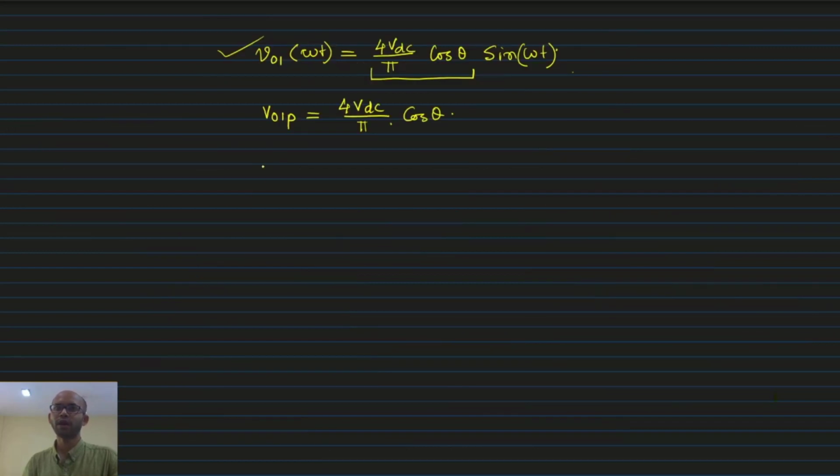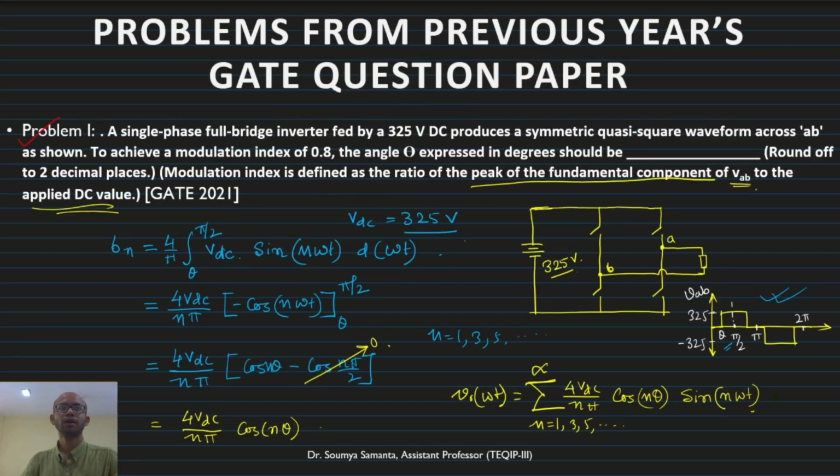So now if I find Vo1p by VDC, it equals 4 by pi cosine of theta. This is nothing but the modulation index m, which has been given as 0.8. Let me check one second.